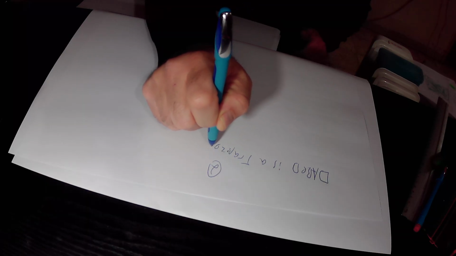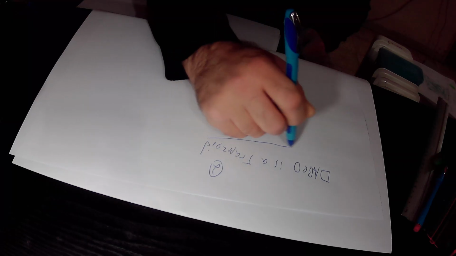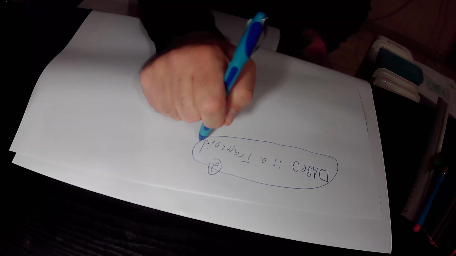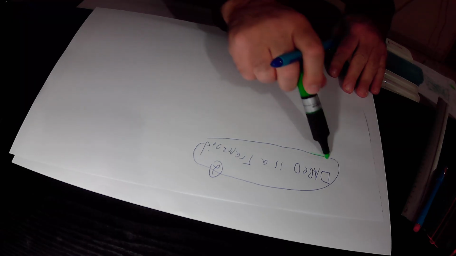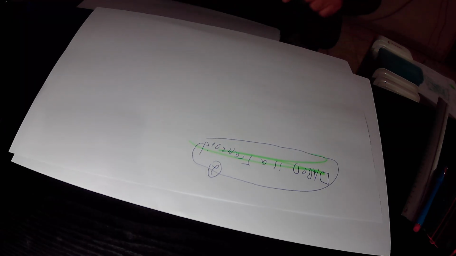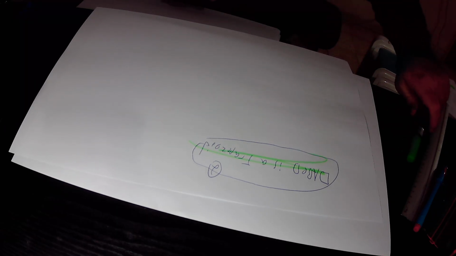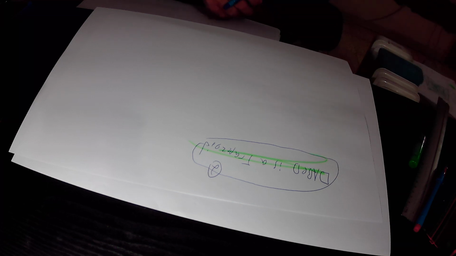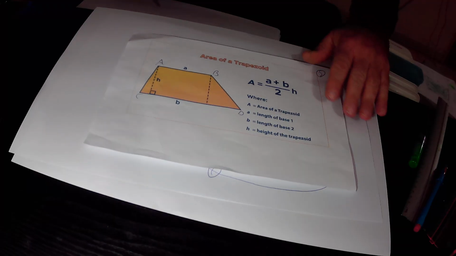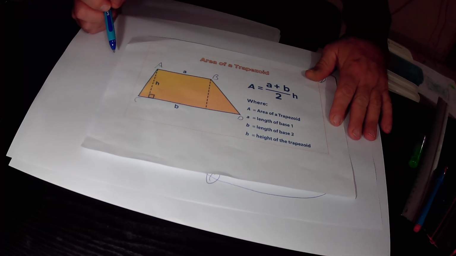What is the area of a trapezoid? This is trapezoid ABCD.